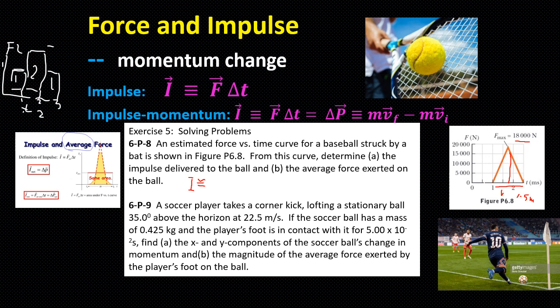But I only have this luxury in this particular case. In another case, I would give it to you and you would have to really estimate. So we try to get the area under the curve. The height, this 18, and then divided by 2. So multiply this and divide by 2.